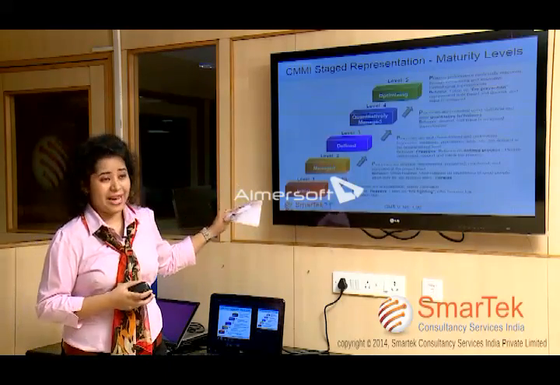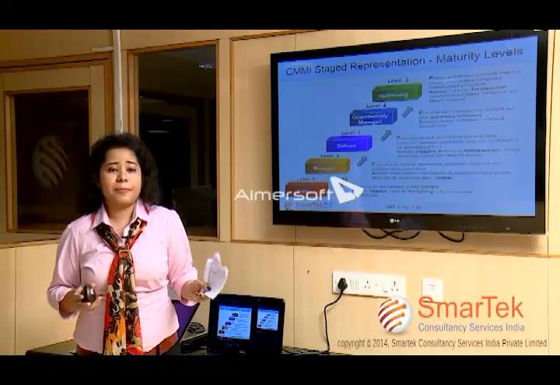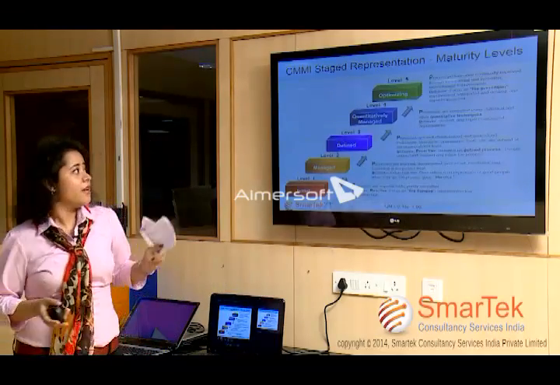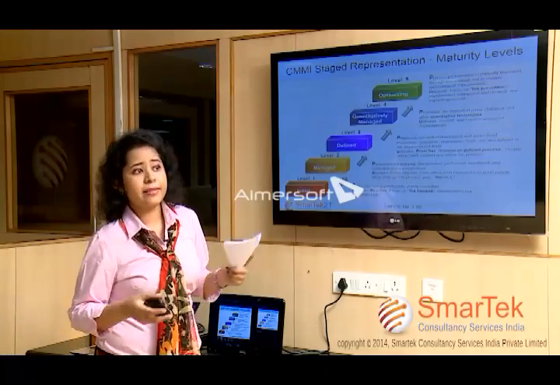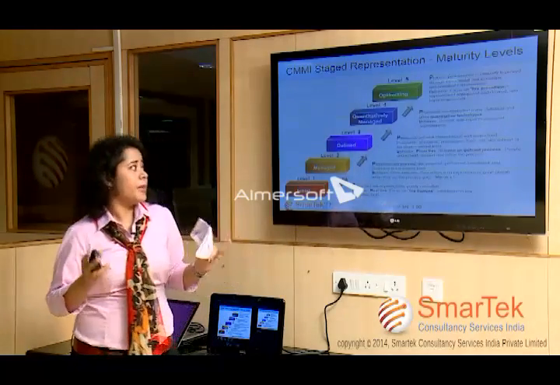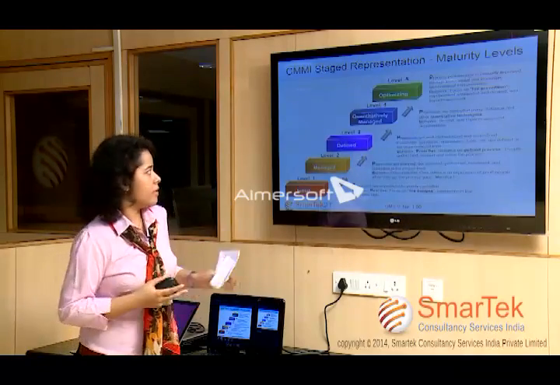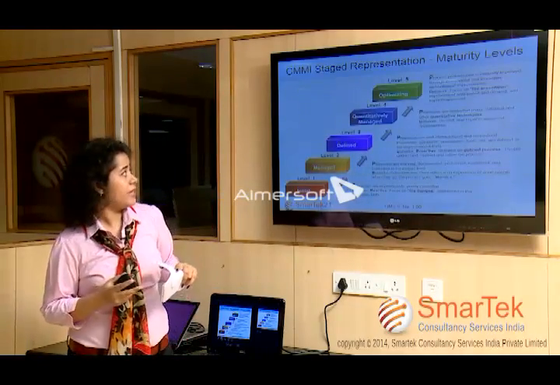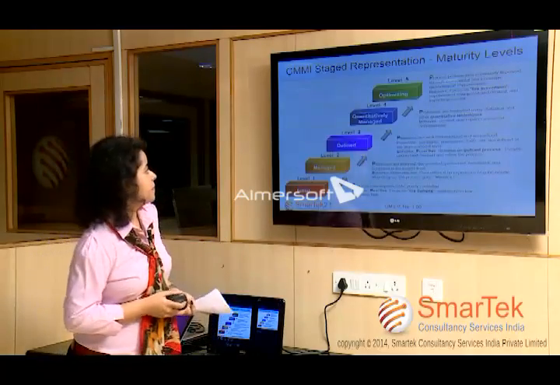Second is managed, but it is mainly dependent on the heroics of one or two people in the organization. Third is defined, where the processes are in place and it will be proactive, so people will know what needs to be done if some problem arises. Fourth is quantitatively managed. Fifth is optimizing, which is more of a fire prevention kind of thing.